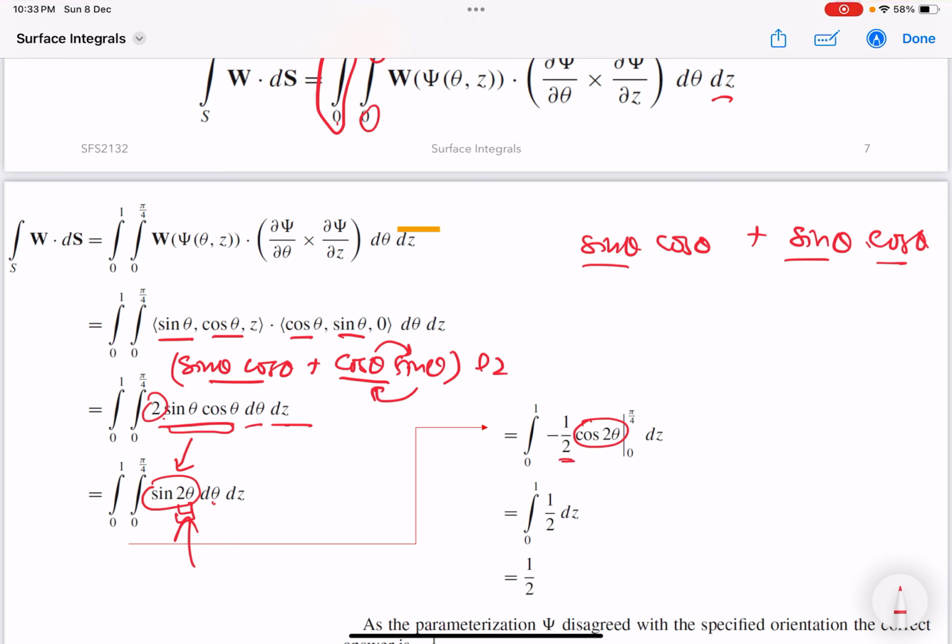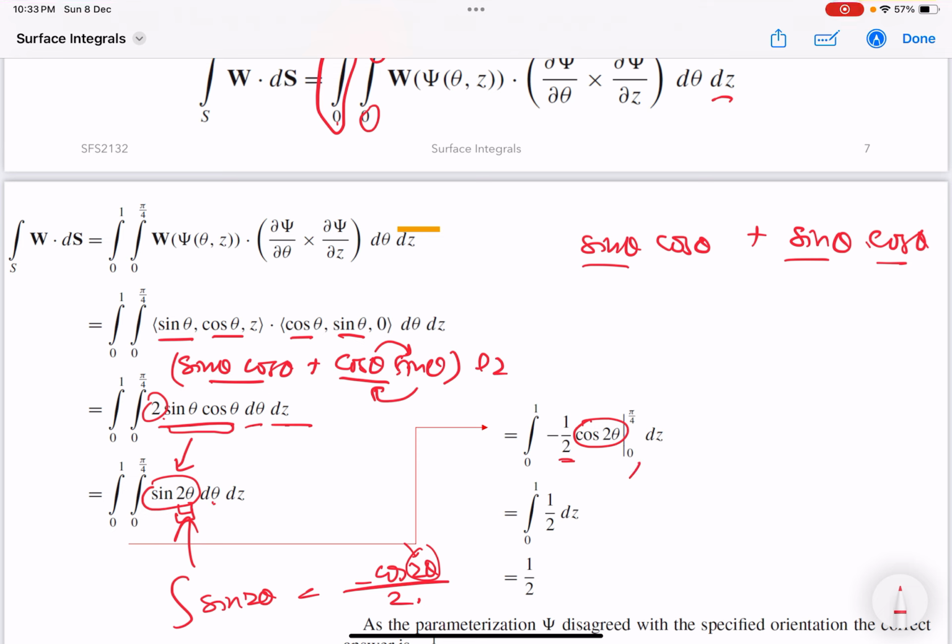So it becomes negative cos 2 theta, divided by 2, okay, from 0 to pi over 4, so definitely this one is straightforward.